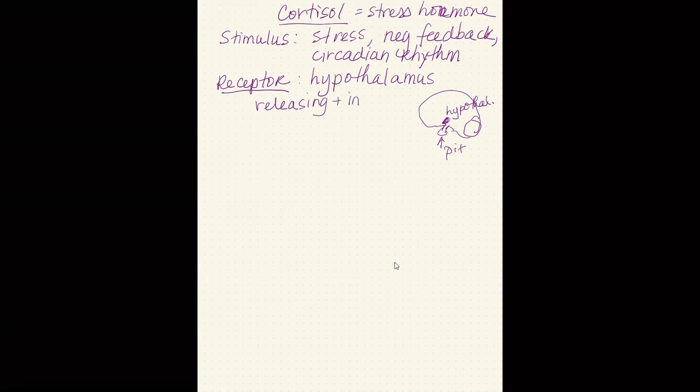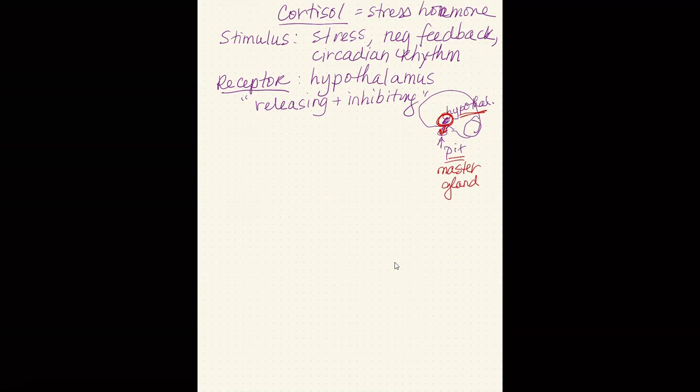It either has releasing or inhibiting in all of its hormone names. It actually controls what's going on in the pituitary. Lots of times they call the pituitary the master gland, right? But it has a master, really, because the hypothalamus regulates what's going on in it.